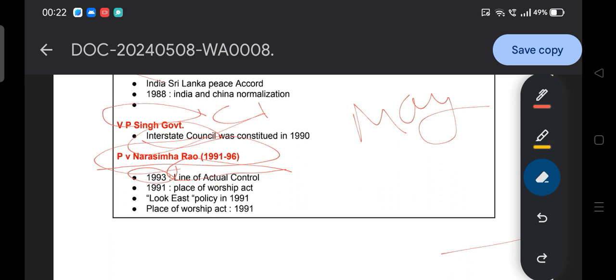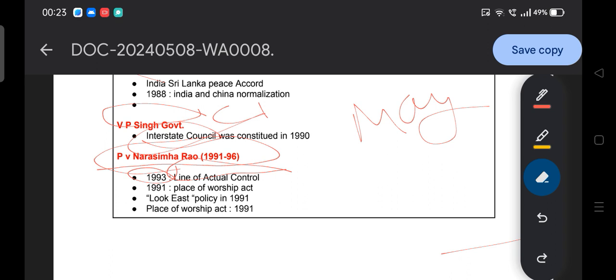It was an issue related to Hindus and Muslims, and this dispute was resolved, or they tried to resolve it, with the help of the 1991 Places of Worship Act, which divided the jurisdictions and boundaries, for the Muslim people the masjid, and on the other hand for the Hindu people the Rama Mandir. So for the first time they created an act, the Places of Worship Act 1991, to sort out the dispute between Hindus and Muslims.